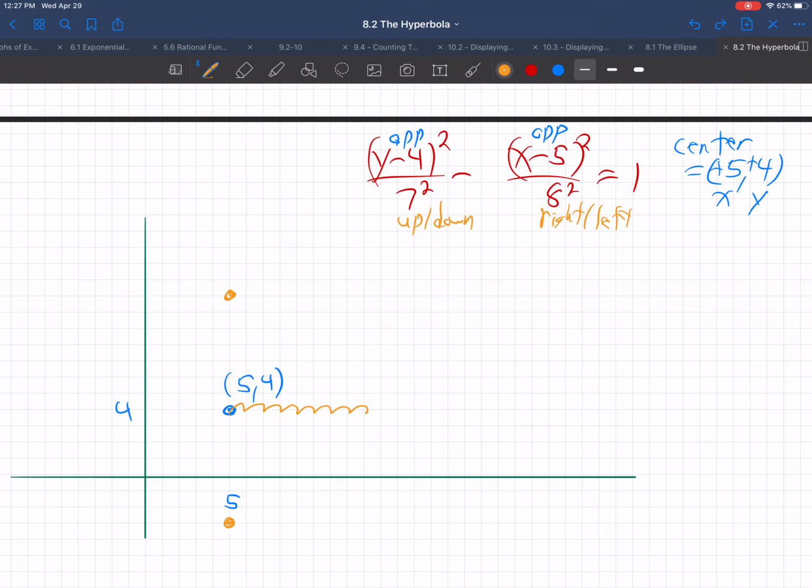And right there. And left 8: 1, 2, 3, 4, 5, 6, 7, 8. Right there. There we go. So I went up and down 7, right and left 8. Let's fill in the dotted box.